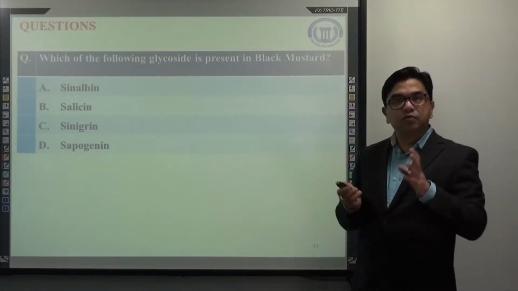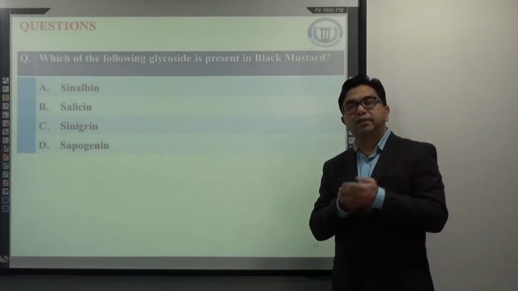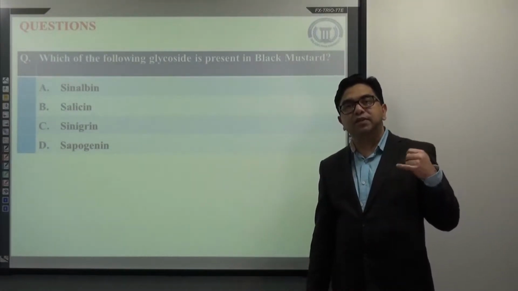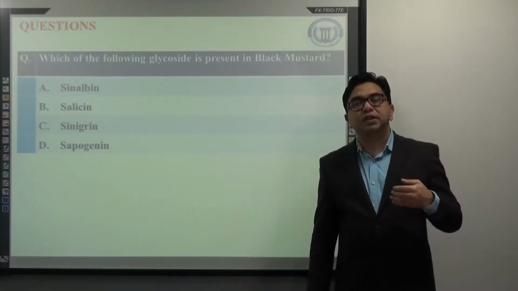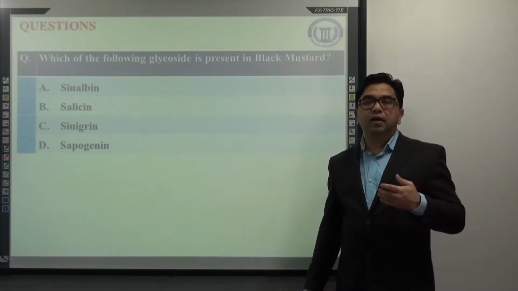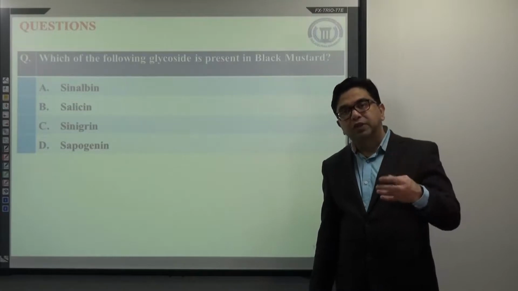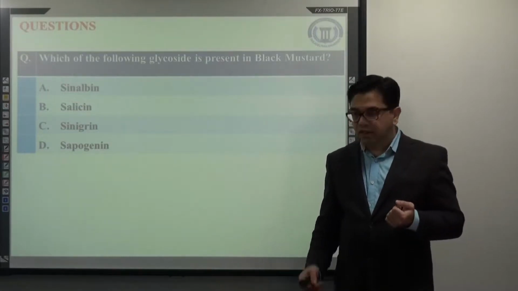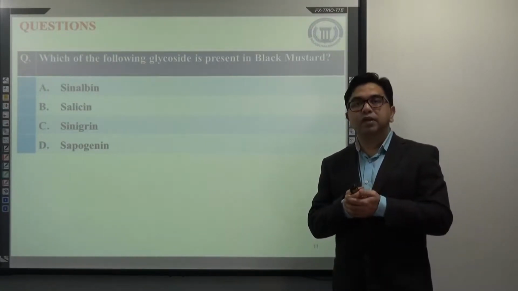Now these are the two examples mainly, the black mustard and white mustard seeds, which represent the isothiocyanate containing glycosides.